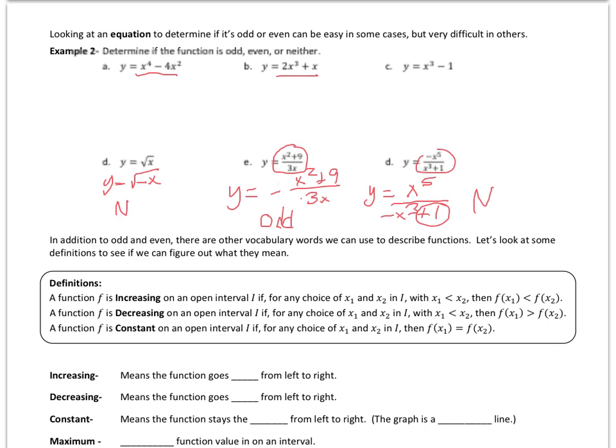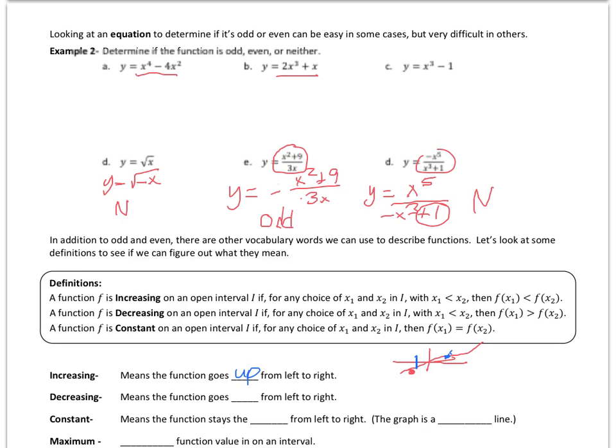Basically what it means is this: if I choose x1 here and I choose x2 right here, if x1 is less than x2, which it is, and the function is greater at x2 than it is at x1, then it's increasing. Now, what all that means is the function goes up from left to right. There you go. See, we mathematicians tend to complicate things.